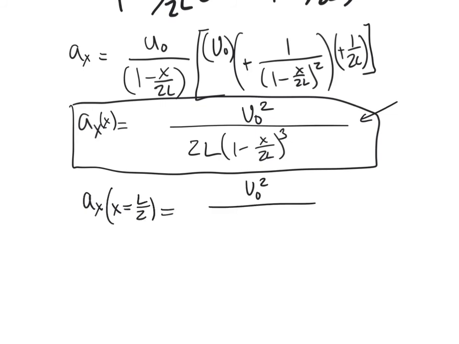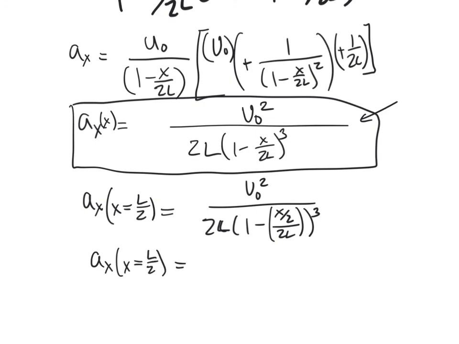So we get u naught squared over 2L, times (1 minus x on 2 divided by 2L) cubed. Let's just do the algebra here. It's going to get a little bit ugly. So this term right here becomes x over 4L.